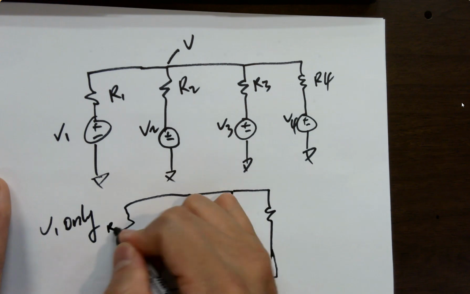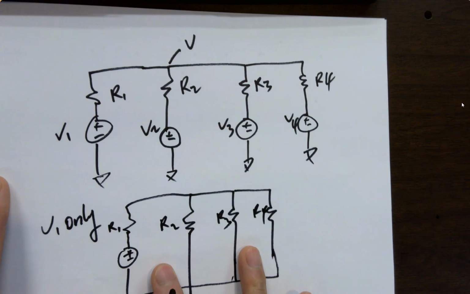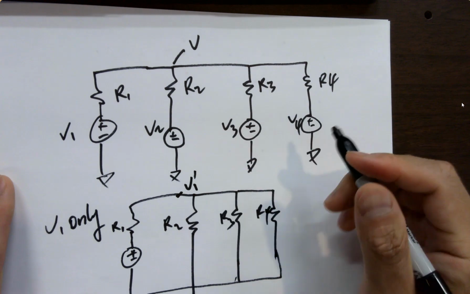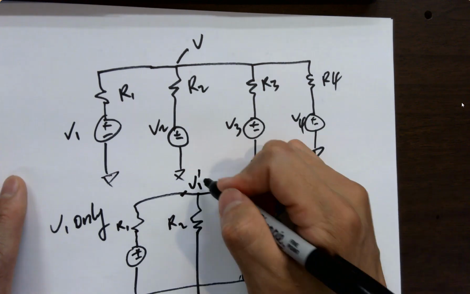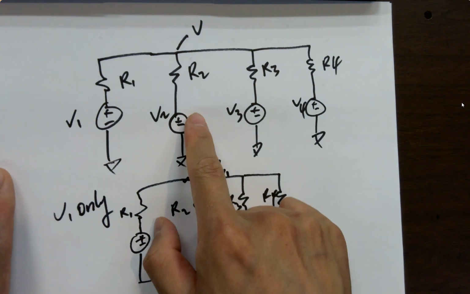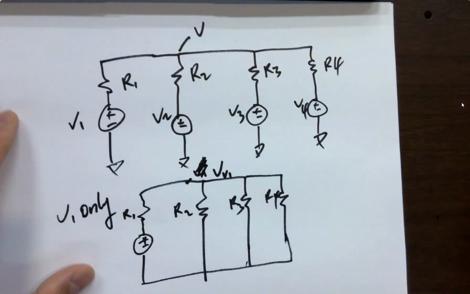Alright? So I have R1, R2, R3, R4, and that becomes the voltage divider. So you can calculate V1 prime for the V out. Let's say V1 first. Then just keep doing that for V2, V3, V4 and add them together, so you can get the overall V here. Make sense?